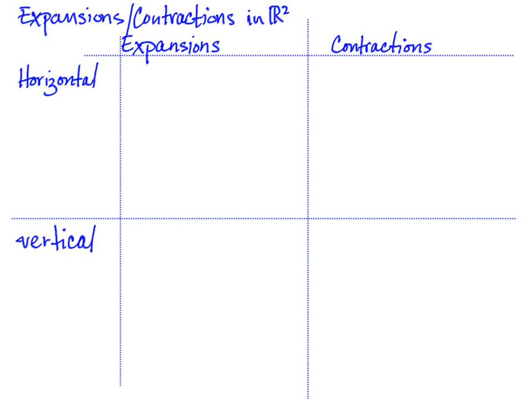So, for the horizontal expansions and contractions, what are we doing? Because it's a horizontal expansion or contraction, we're scaling just the horizontal component of each vector in the plane by the same amount.